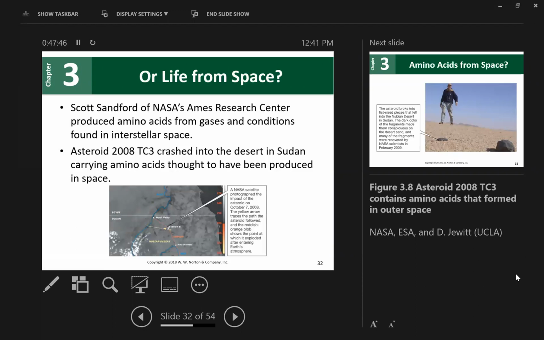Or is life from outer space? So here's another idea. Scott Sanford of NASA's Research Center produced amino acids from gases and conditions found in interstellar space. This asteroid, which crashed into the desert in Sudan, carried amino acids thought to have been produced in space.